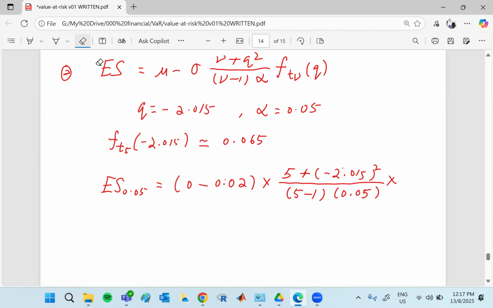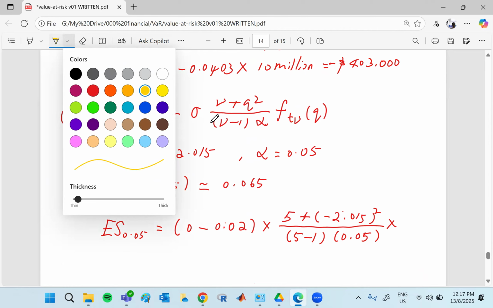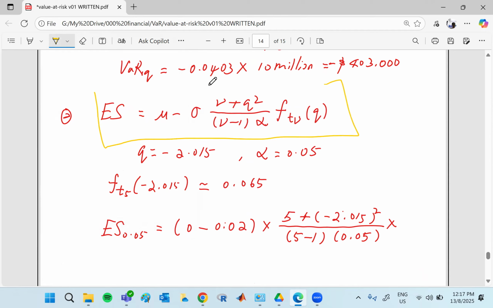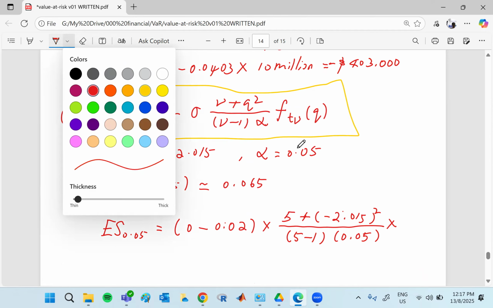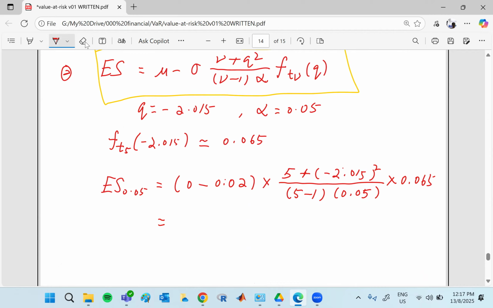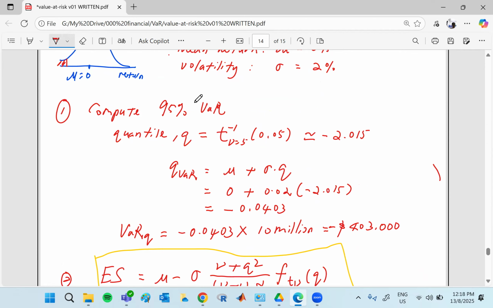So we just substitute all the values inside. Sorry, I think I made a mistake here. This is 0 multiplied by the whole term.